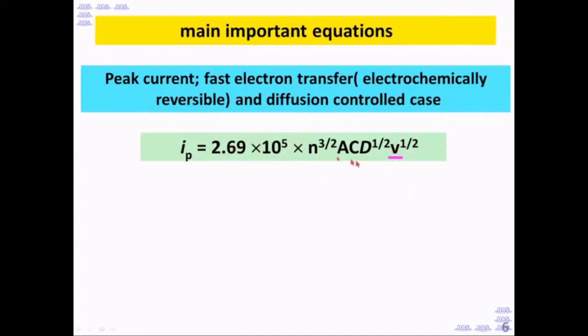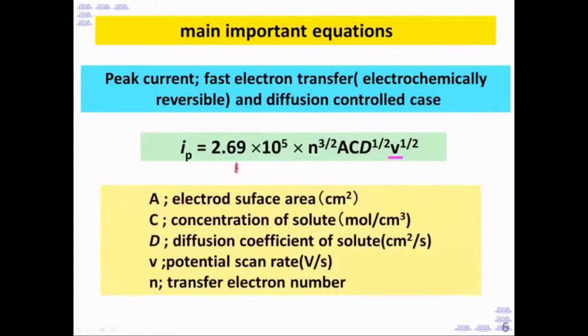Just know about V, scan rate, and A means electrode surface area. C is the concentration of solute. D is the diffusion coefficient of solute. V is potential scan rate. N is the transferred electron number. The important point is peak current is proportional to the root of scan rate.